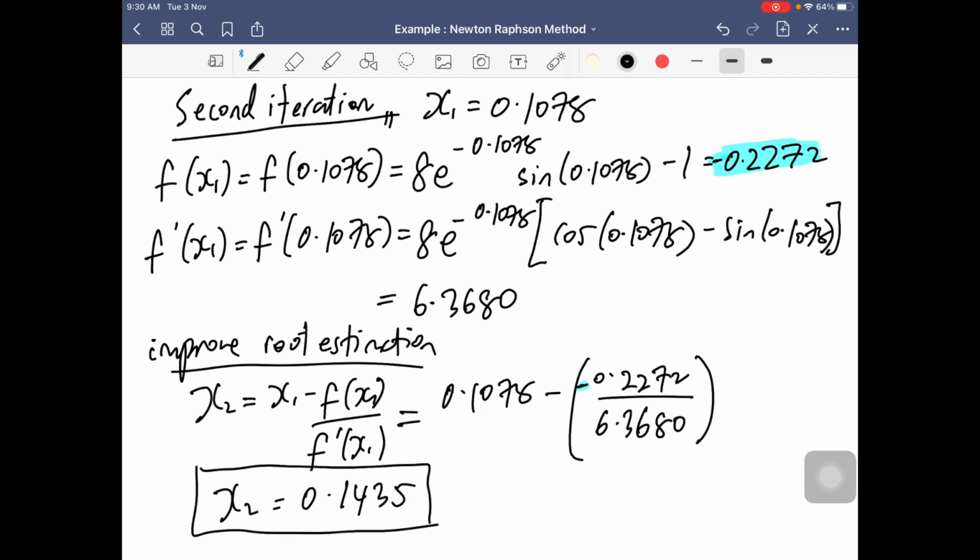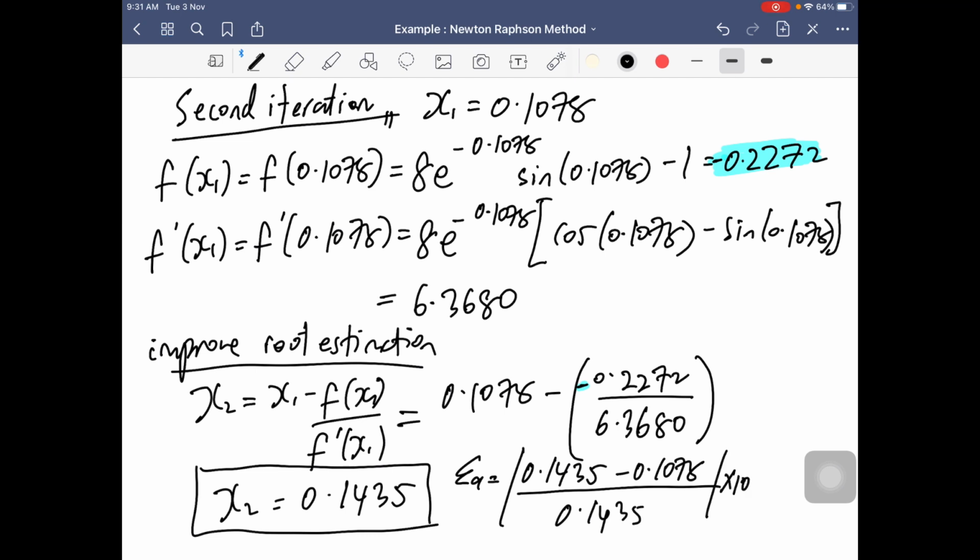Alright, so now you calculate your approximate percent relative error: x2 minus x1, so 0.1435 minus 0.1078, divided with 0.1435, multiplied with 100%.